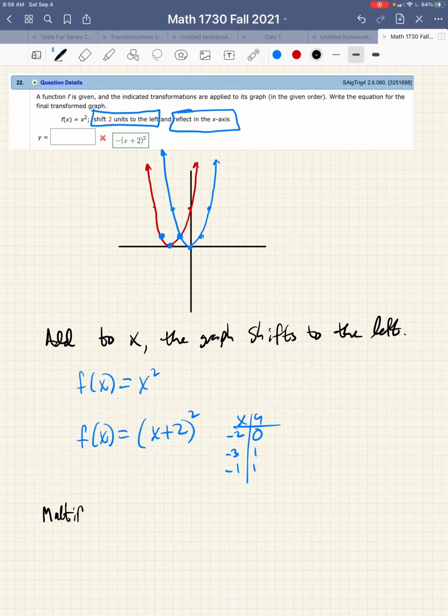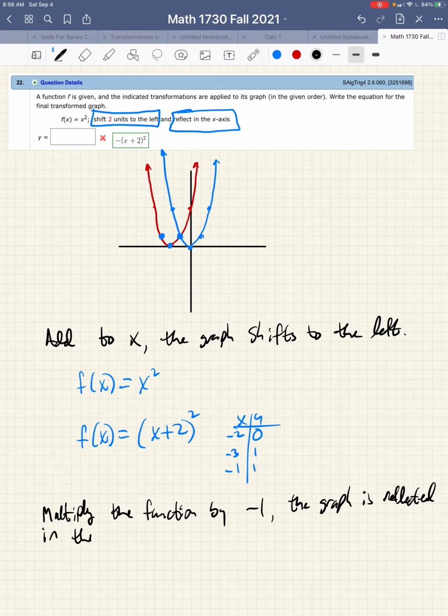So if we multiply the function by negative 1, the graph is reflected in the x-axis.